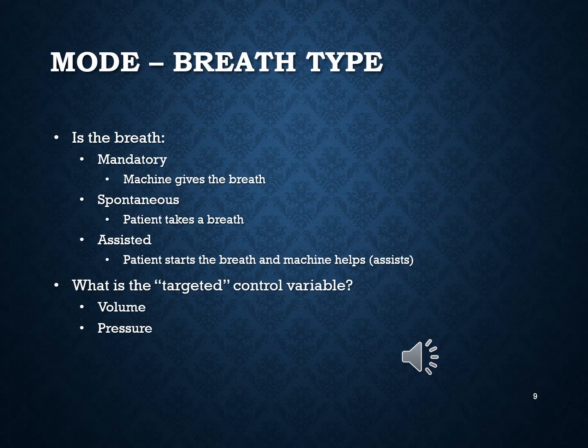When we talk about the breath type, we're talking about whether the breath was a mandatory breath, meaning that the machine gave the breath, or if it was a spontaneous breath, the patient took the breath, or an assisted breath, meaning that the patient started the breath and the machine assisted or helped with that breath. Now, also, what type of variable was targeted? We have to look at whether it was a volume control or a pressure control variable.